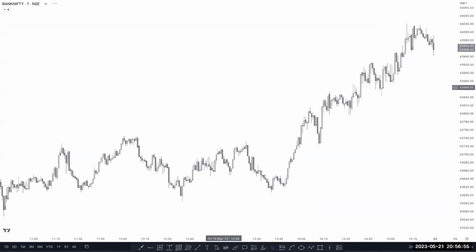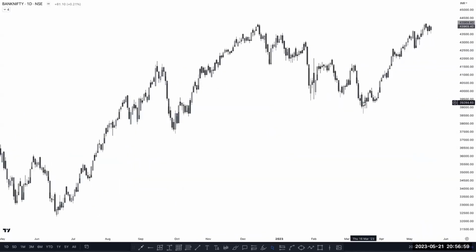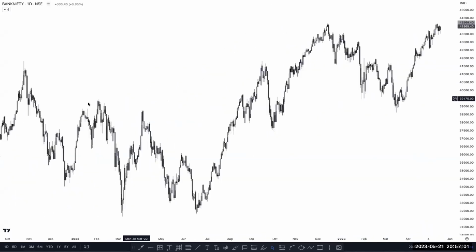And this is Bank Nifty right now, this is what is happening in Bank Nifty from a higher time frame perspective.